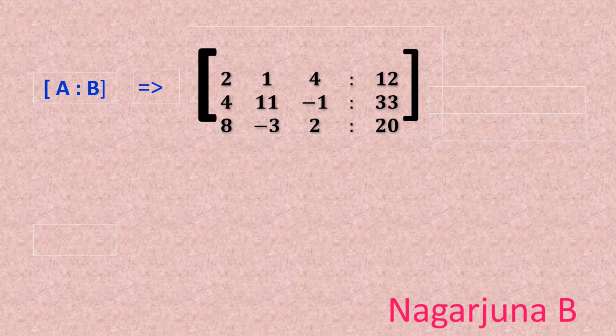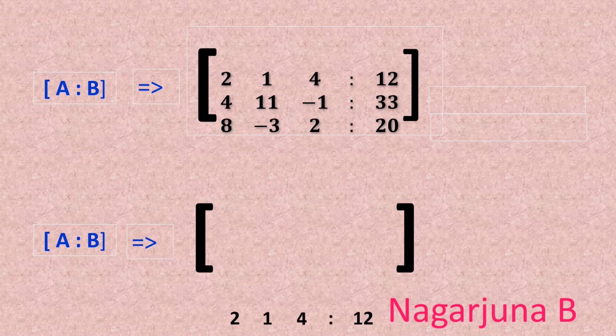So we are using the element A11 and making A21 and A31 become 0. Therefore the first row will be unaltered. For that purpose, write the first row as it is, 2, 1, 4 colon 12.